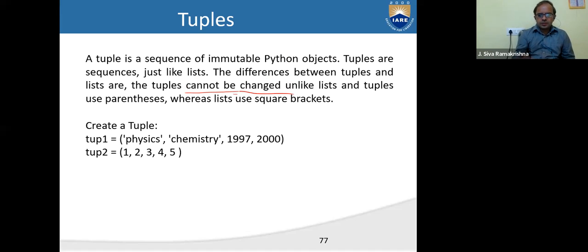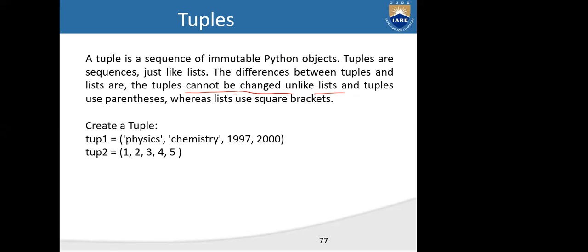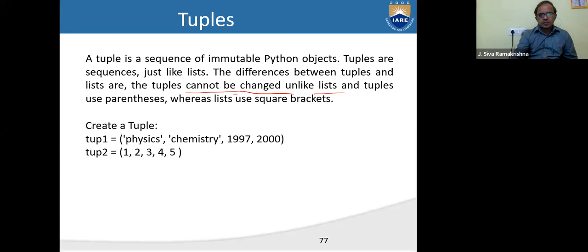Whereas in a list, we know you can add elements at the end of the list, or wherever you want. If you want to add an element in the first position, you can; if you want to add in the third position, we can also add. There is a difference, right?